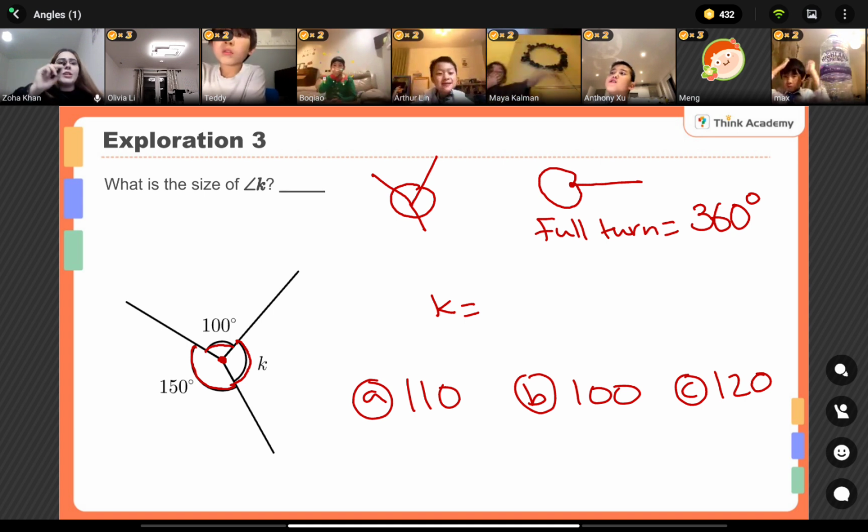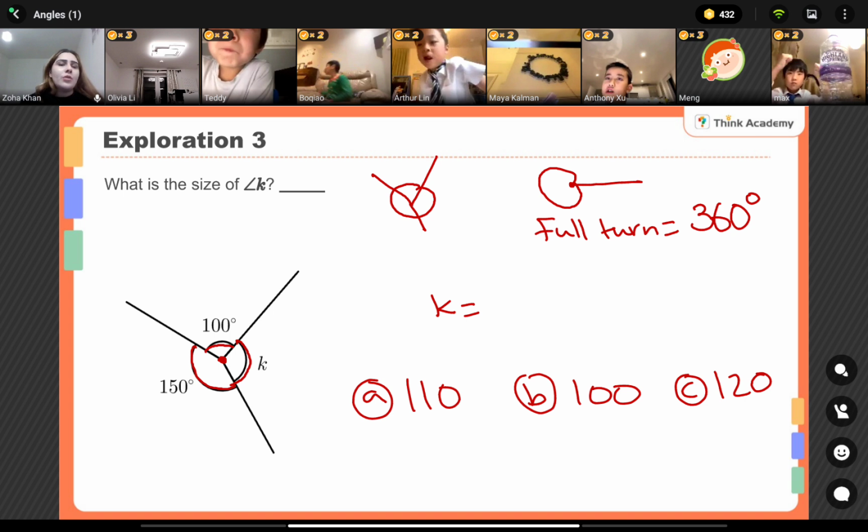Remember, it's a full turn, so all of the angles have to add up to 360.